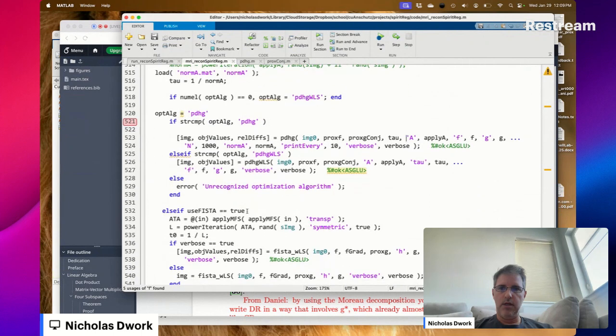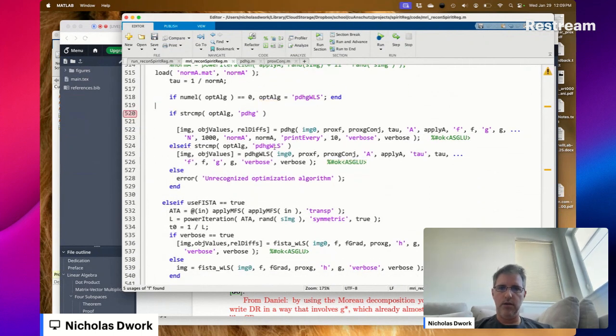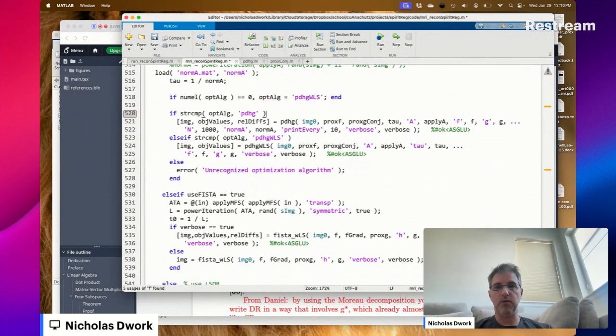The issue is, this is why we do PDHG with line search, so we don't have to worry about sigma.